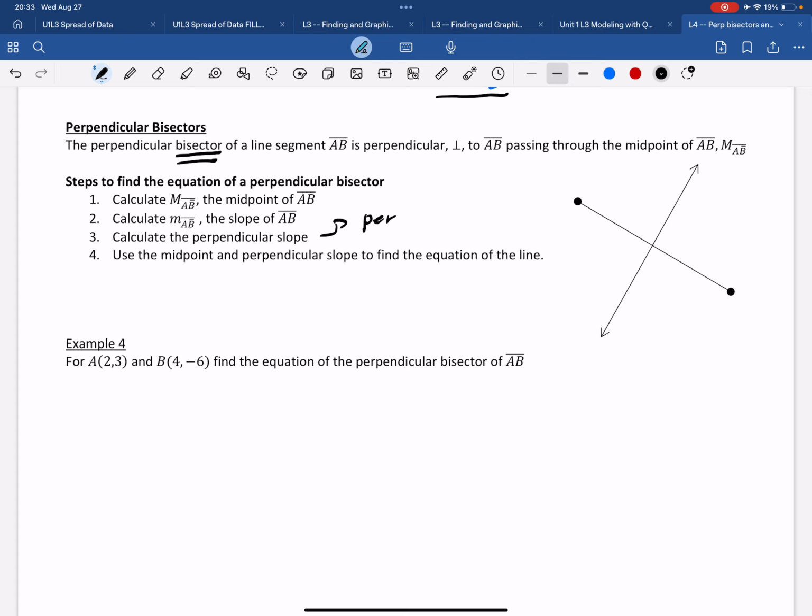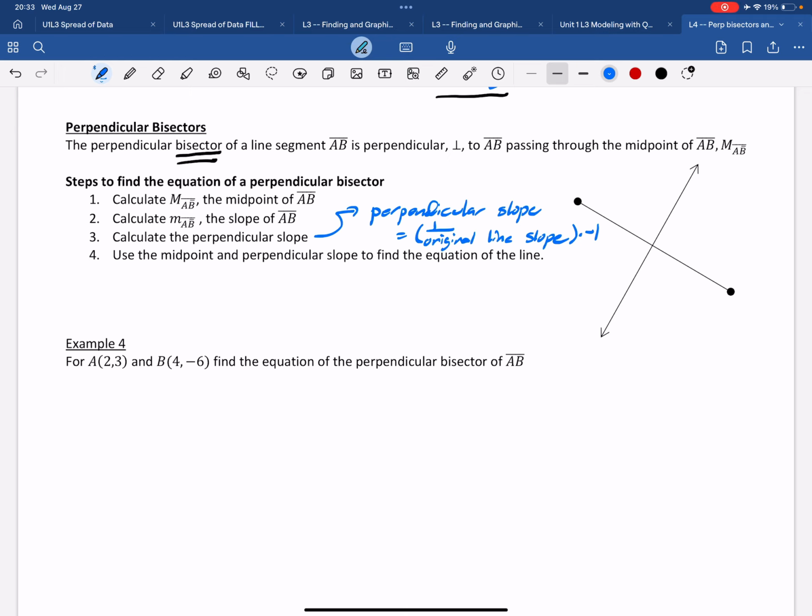I don't like using the black. Let me go to blue. So the perpendicular slope is equal to 1 over the original line slope, times -1.